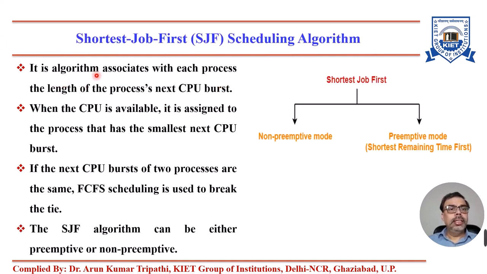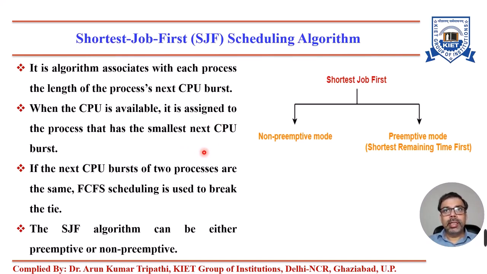It is an algorithm that associates with each process the length of the process's next CPU burst, meaning how much time it requires next to execute. When the CPU is available, it is assigned to the process that has the smallest next CPU burst time.